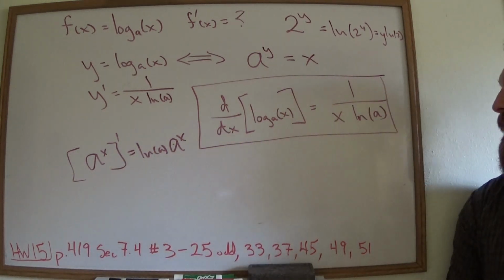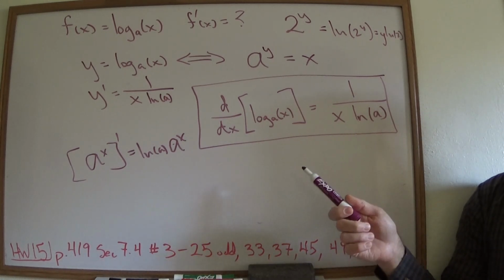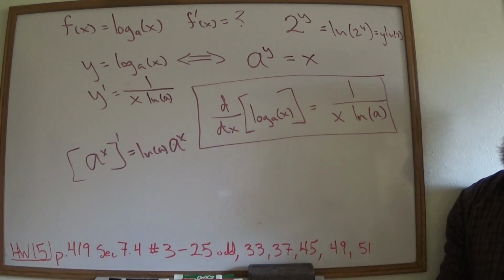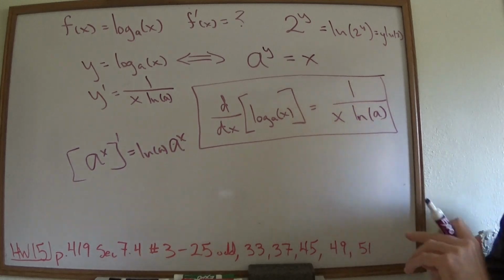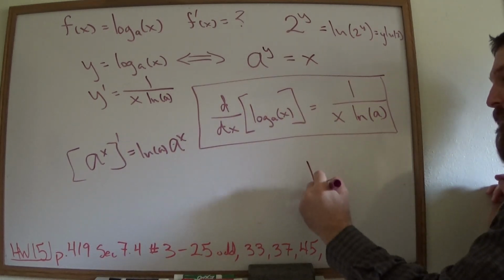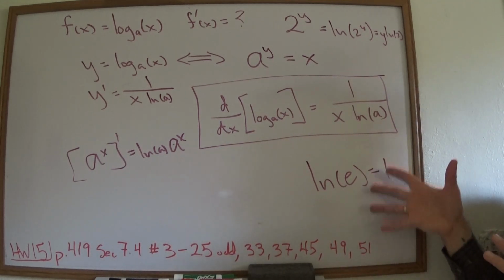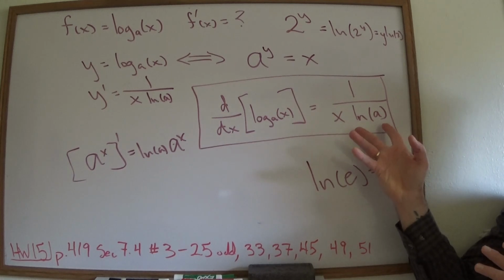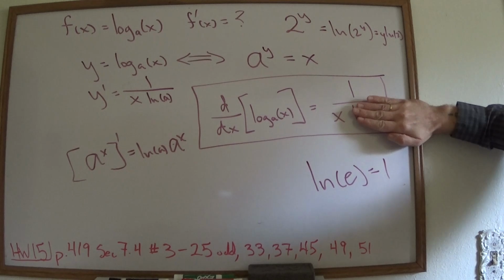And this is why it's called natural, right? That's why we call it the natural exponential or the natural log. With natural log, even if you use this formula, it would be log base e, and natural log of e is just 1. It's the only one that's kind of unadulterated here. The derivative is just pure 1 over x, right?